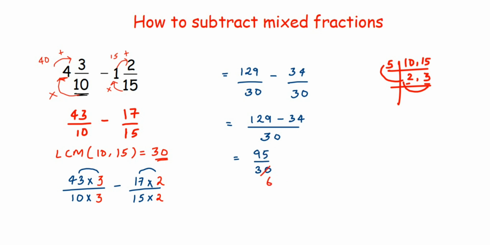And here, if you don't know what number 95 gives when divided by 5, we can go digit by digit. 9 is not divisible by 5, but I'll take a number lower than 5. So 5 times 1 is 5, so I'll write 1 here. If I subtract 5 from 9, I get 4 as a remainder, so I'll write that 4 here.